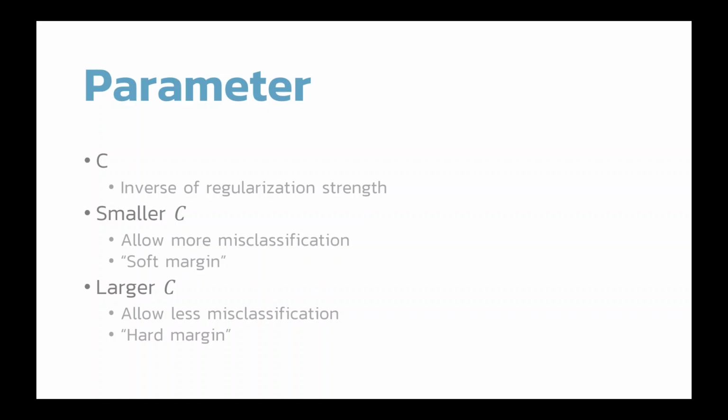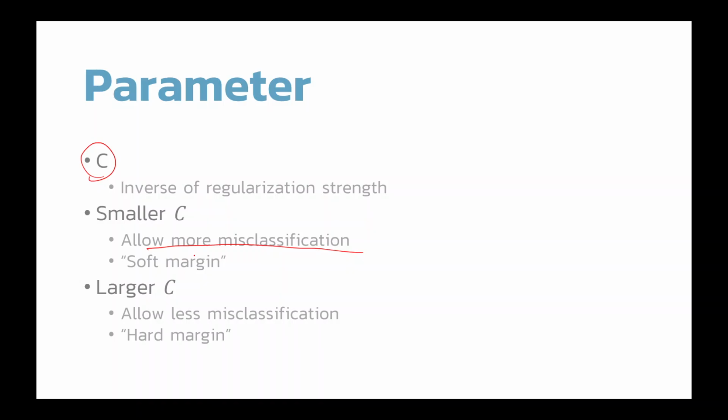Okay, so what are the parameters that you can use for a support vector machine? First, again, C. Same thing, C is your suppression. If you suppress the model too much, you're going to make the model more stupid, but it's going to be less sensitive to noise. Sometimes you might want to suppress your model a little bit so that it doesn't go wild. A smaller C allows more misclassification.